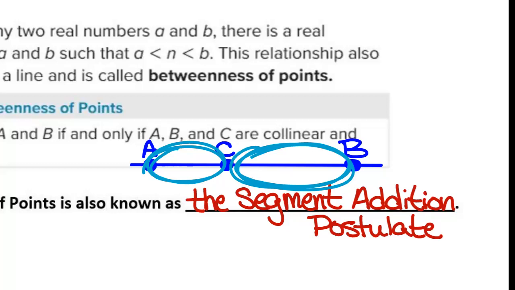They're joined in the middle there by point C. They touch each other at point C, but they're all in a big long line together.